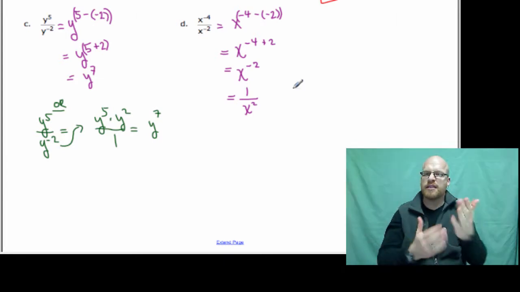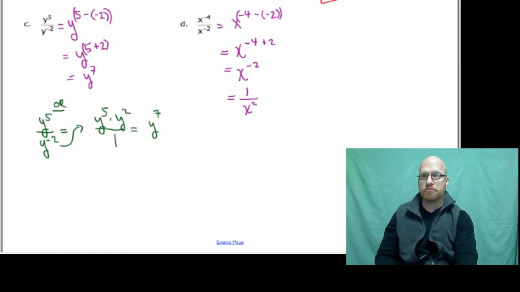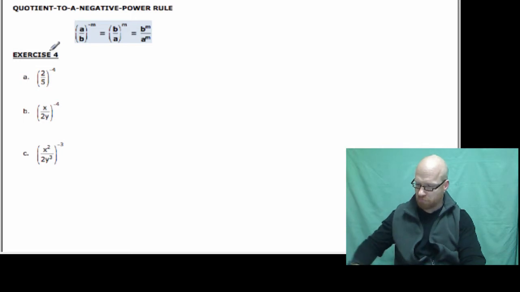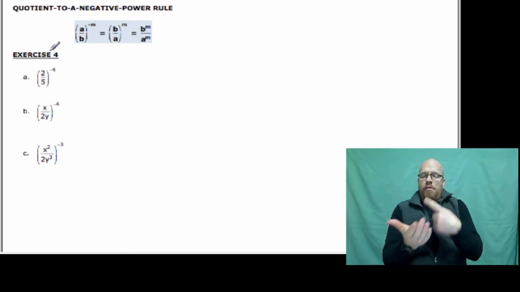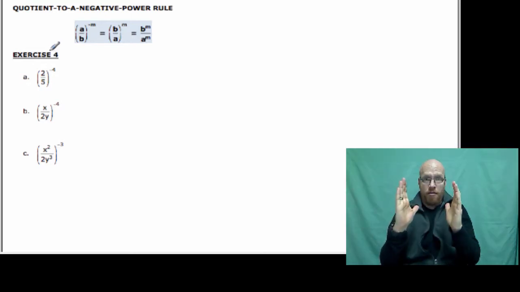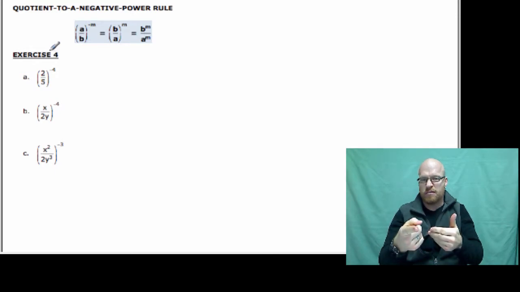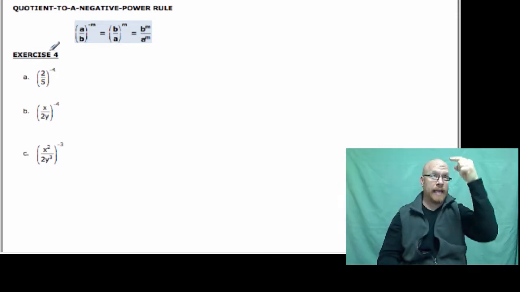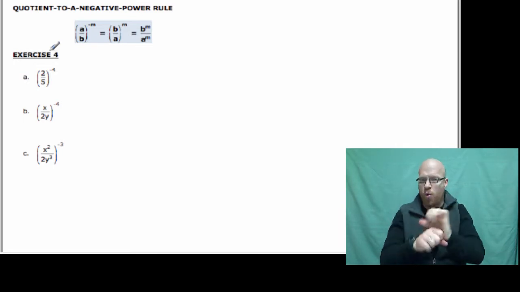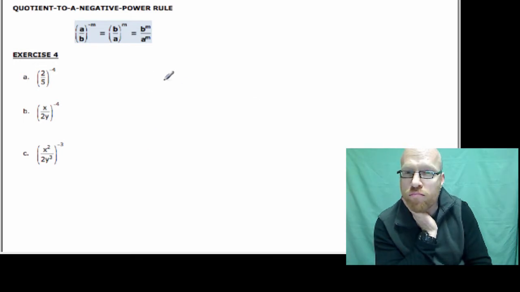Okay? Now, the next section of this vlog. Now we're going to talk about the quotient rule if we have a fraction raised to a negative power. If we have the whole fraction raised to a negative power, the whole fraction does flip. You take the reciprocal of that.